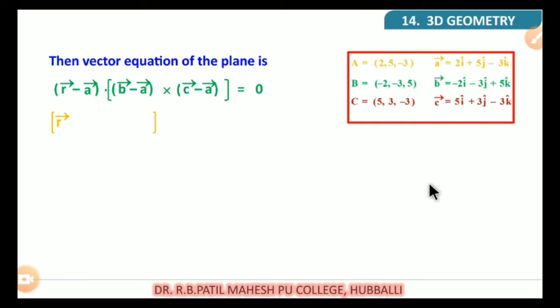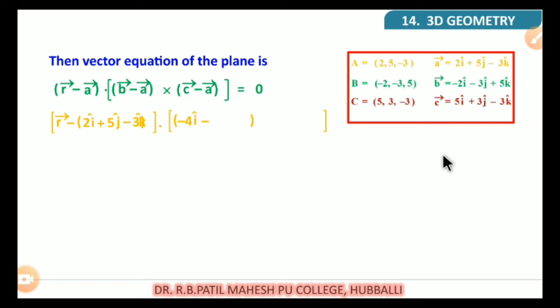So, r vector as it is, minus a vector, which is 2i plus 5j minus 3k, dot product with the whole bracket of b minus a. So for b minus a, you have to subtract these two here.